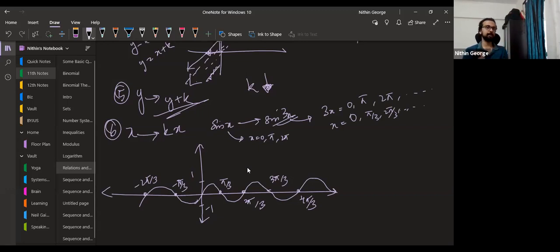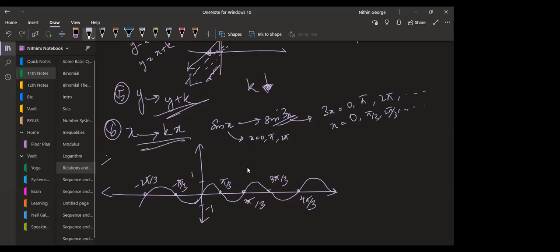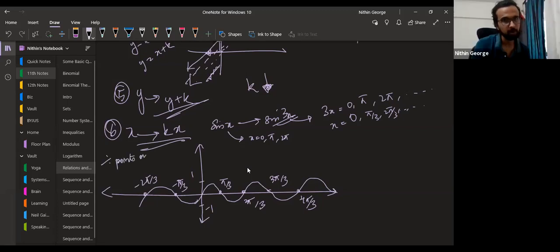The y-axis remains untouched. It's going between -1 and 1. Followed? Here, divide all the points on the x-axis by k.